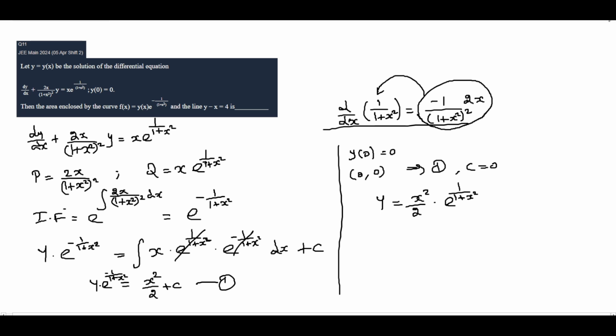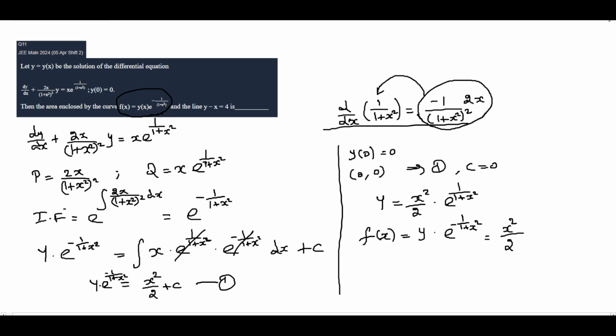So the given function is f of x equal to y of x into e power minus 1 by 1 plus x square. If you apply the y value in the given statement, the exponential function is cancelled, so you get x square by 2.